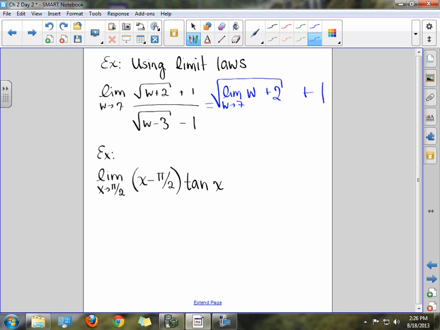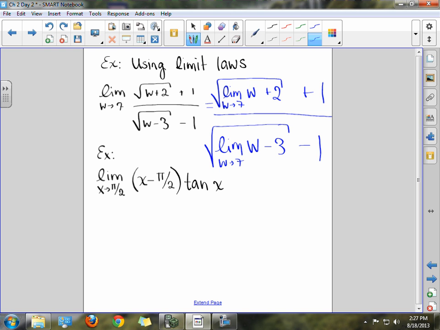I've used the addition rule, I've used the rule about pulling it inside roots, and I've used the quotient rule. I'm going to use these same three rules to write the denominator like this: the limit as w approaches 7 of w minus 3 minus 1.